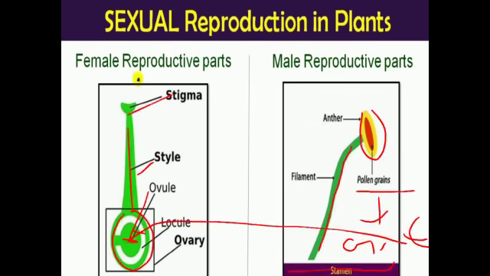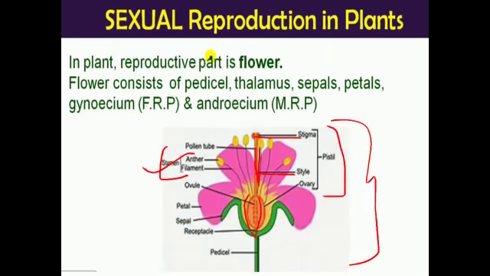And if this transfer of pollen occurs in the same flower, suppose this is a flower, and if from here only the pollens are transferred to the stigma, means in the same flower, then it is referred to as self-pollination.